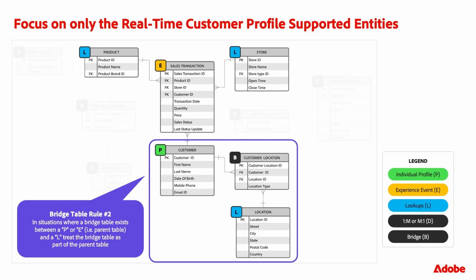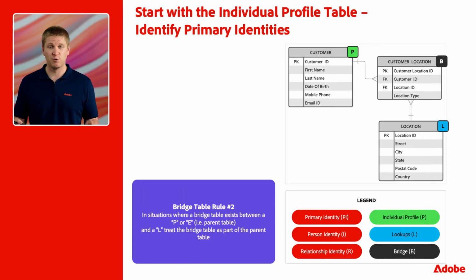In situations where a bridge table exists between a P or an E, the parent table, and a lookup table, or L, treat the bridge table as part of the parent table. We do this because the relationship is always going to be written on the bridge table, and relationships must always be written from the parent to the lookup.